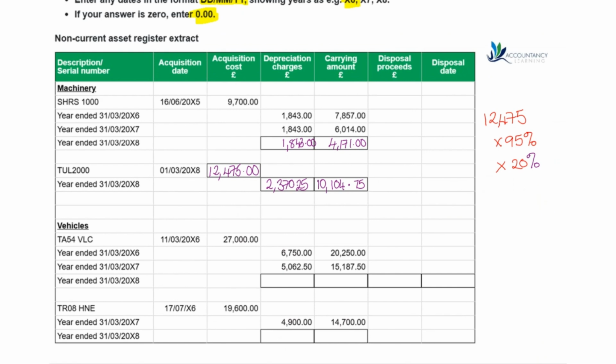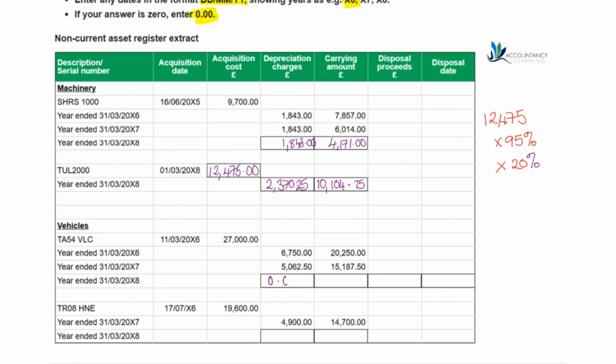So now let's move down to vehicles. So the first vehicle we've got is the one that has been disposed of. So first of all, we aren't going to apply any depreciation in the year of disposal. The information in the question tells us that. And we're also told that we must enter 0.00 when we're going to put a 0 as our answer.